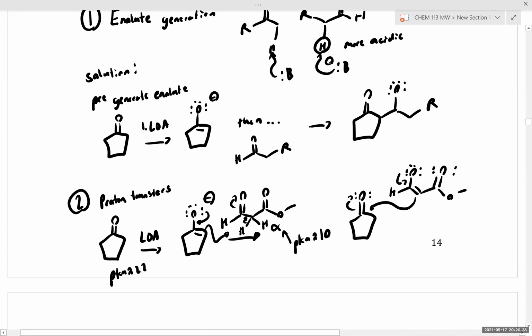So there's no straightforward way to engineer away this proton transfer issue. Instead, you just have to be careful in choosing your substrates. And whenever you propose an aldol reaction, just check the pKa values to make sure there's not a huge difference in acidity. Because if there is, your enolate may not function as an enolate and may instead function as a base.